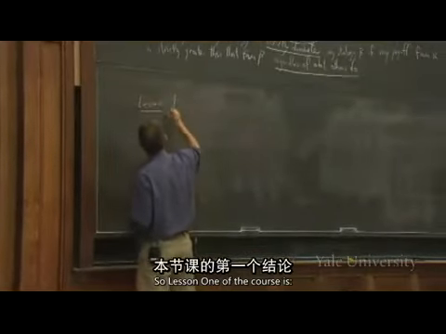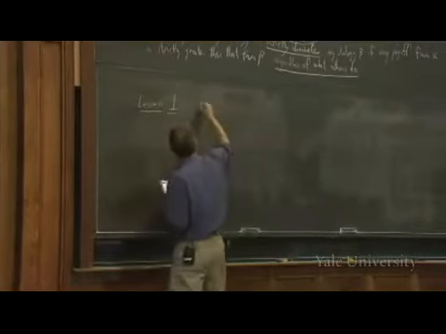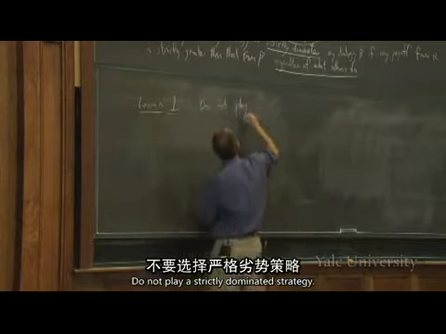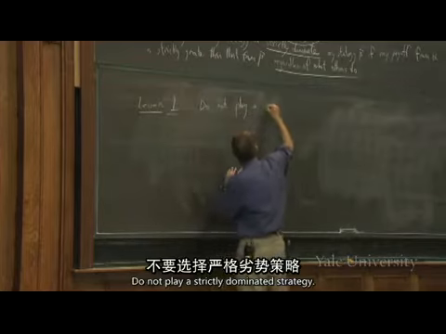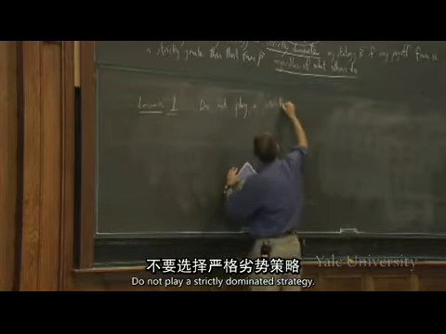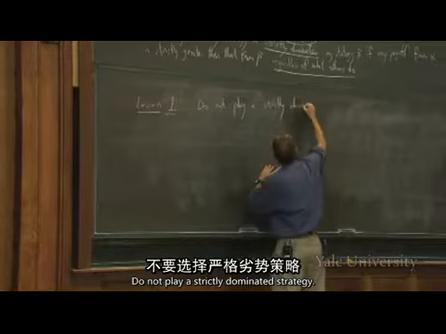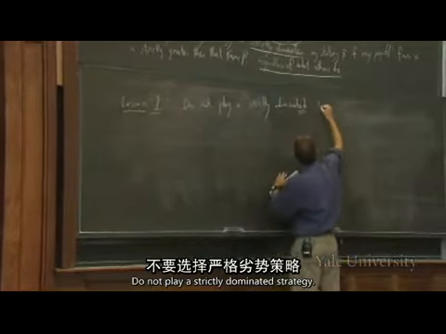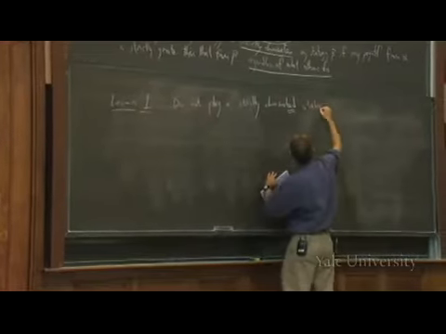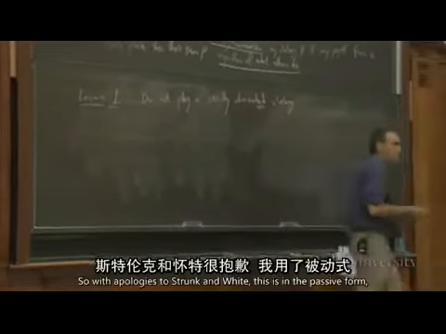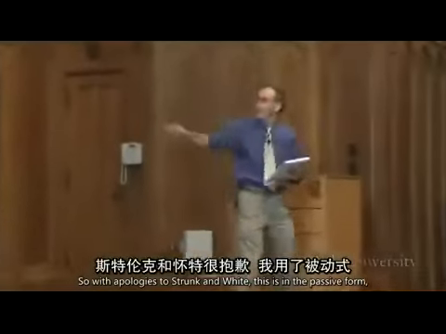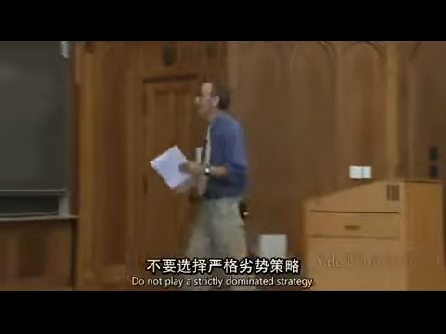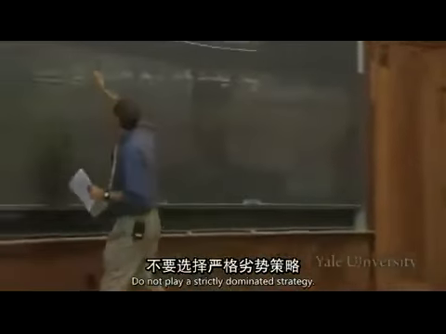Lesson 1 of the course is: do not play a strictly dominated strategy. All right, so with apologies to Strunk and White, this is in the passive form. Do not play a strictly dominated strategy.